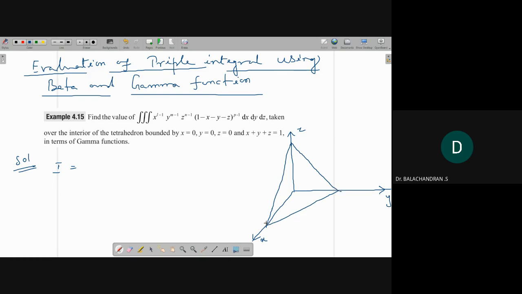This is 1 comma 0 comma 0. This is also 0 comma 1 comma 0, and 0 comma 0 comma 1, because x plus y plus z equal to 1.